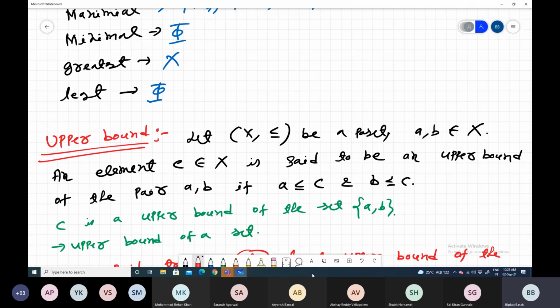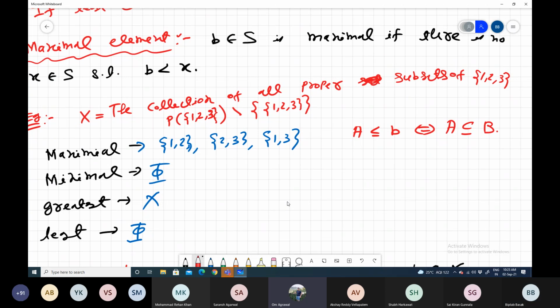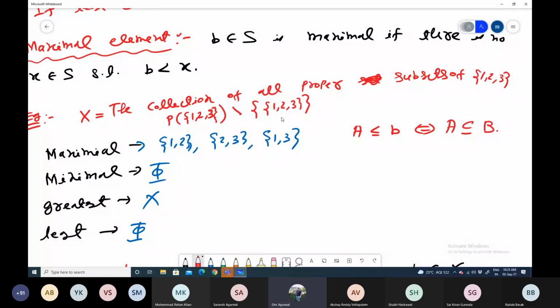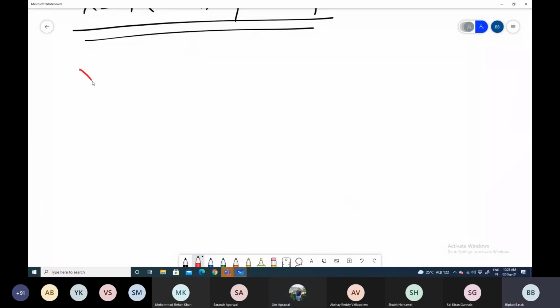Sir, if we take a set of 4 elements: 2, 3, 30, 36, and our relation is divides. Okay. We are seeing a new one. So your set is 2, 3, 30, 36, and our relation is defined as A divides B. Then what will be the least upper bound of 2, 3?